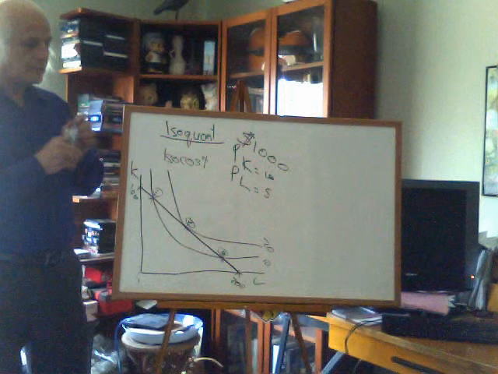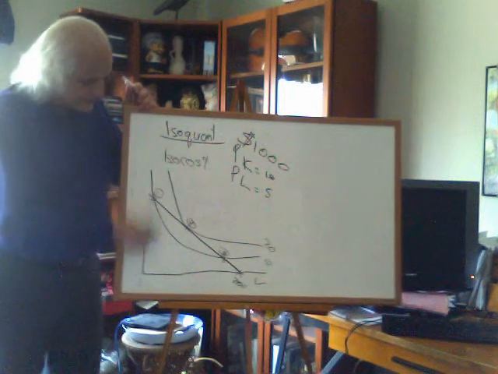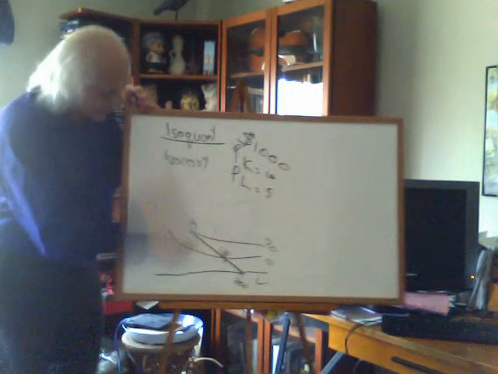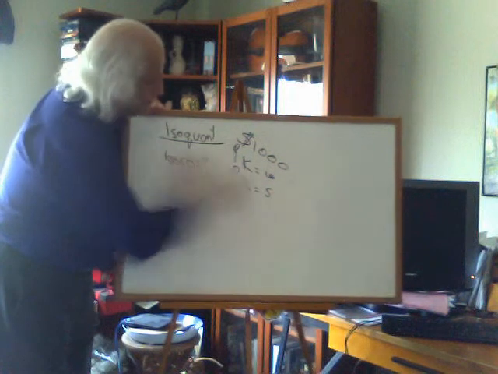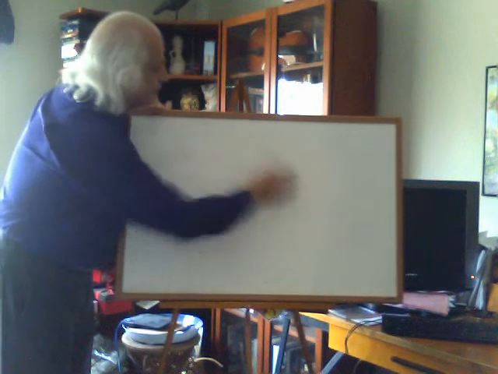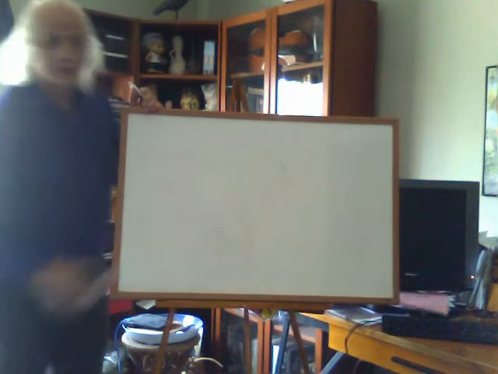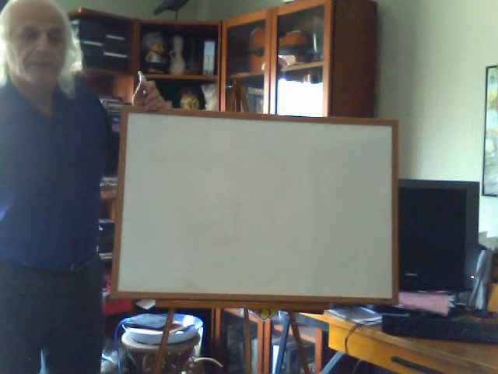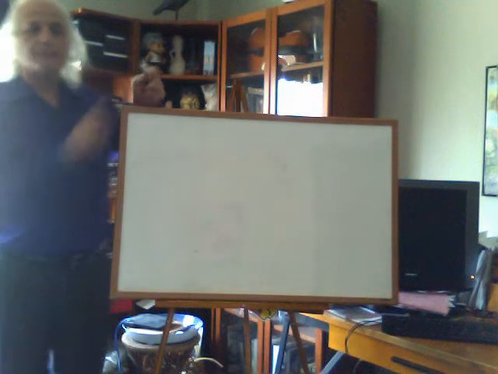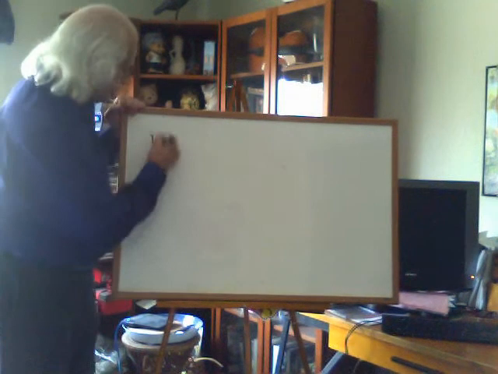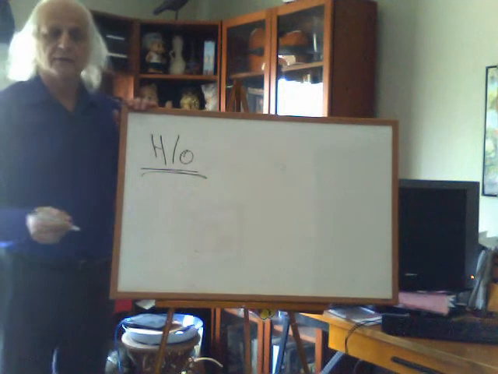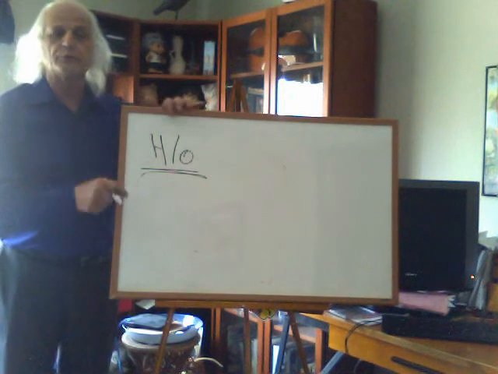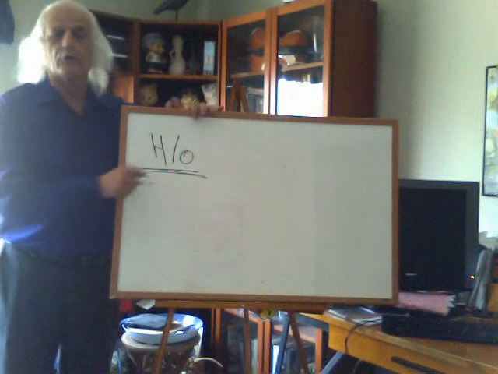Now, let me just give you a very, very brief idea of what we're going to do. The next step is to go ahead and move from the Ricardian model to the Heckscher-Ohlin model. And we'll talk about it next time in great detail. But the Heckscher-Ohlin is going to make use of all of these tools.